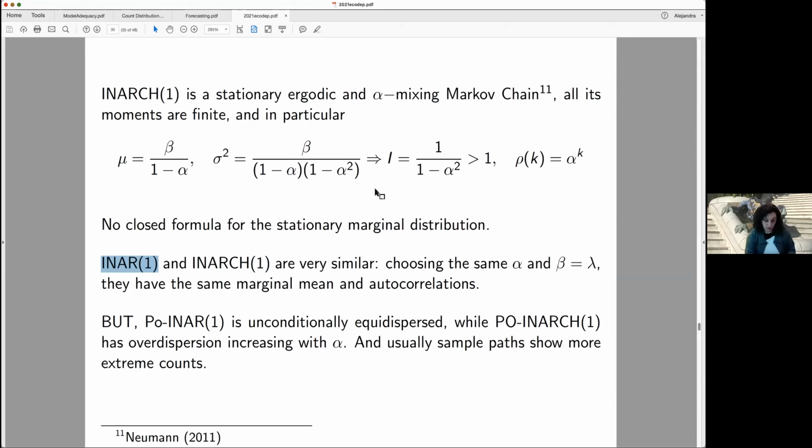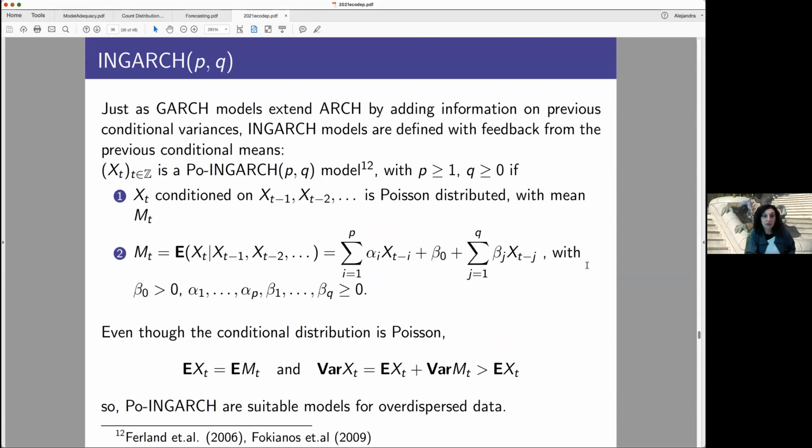Well, we can have this with orders P and Q. So just as GARCH extends ARCH by adding information on previous noises of conditional variances, we can have here feedback from the previous conditional means.